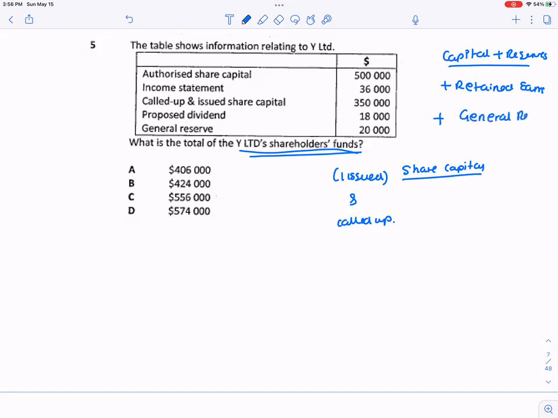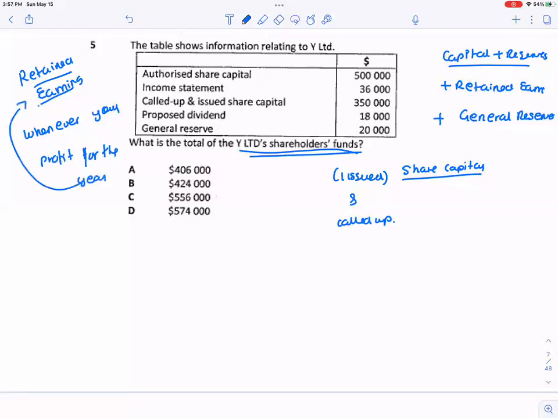What is retained earnings? Whenever you have profit for the year, you transfer it to the retained earnings.